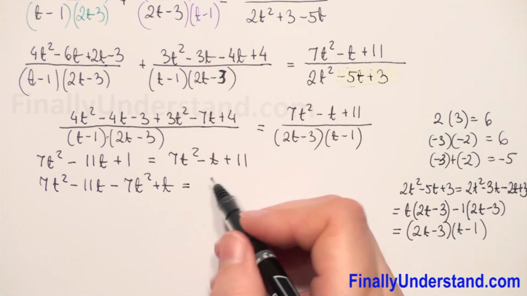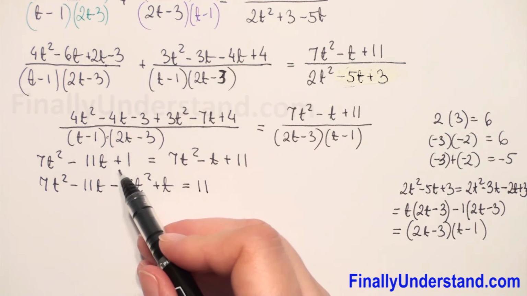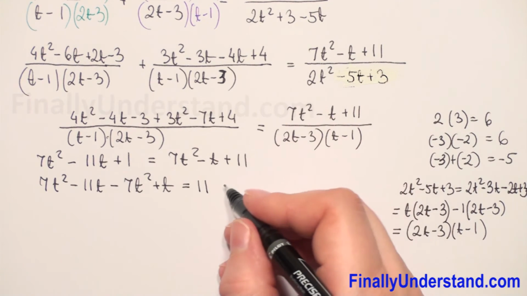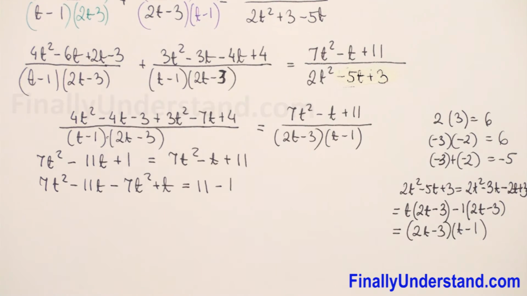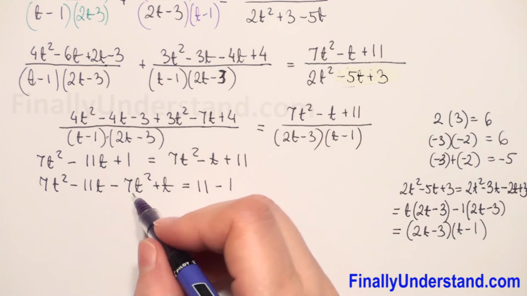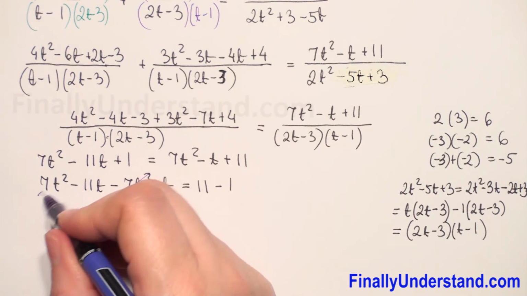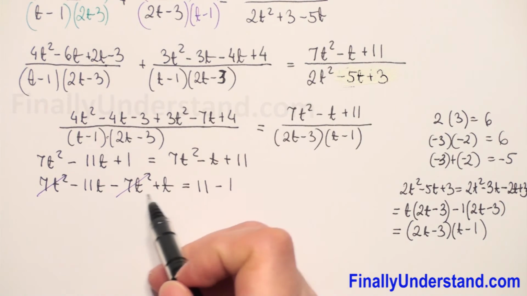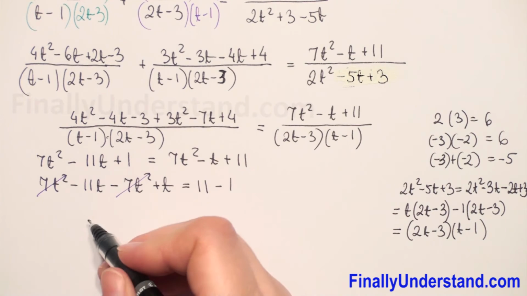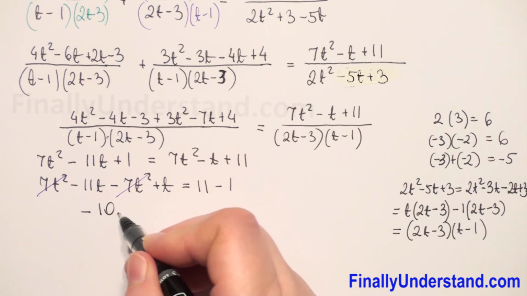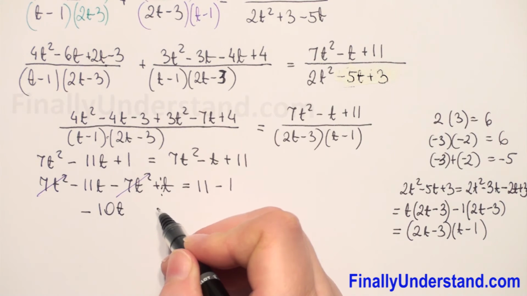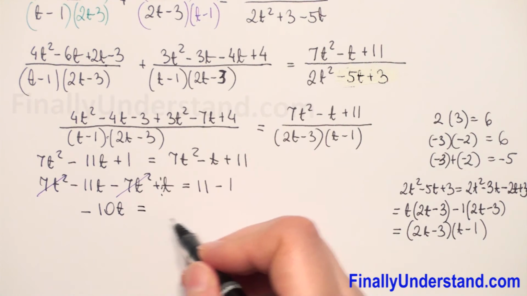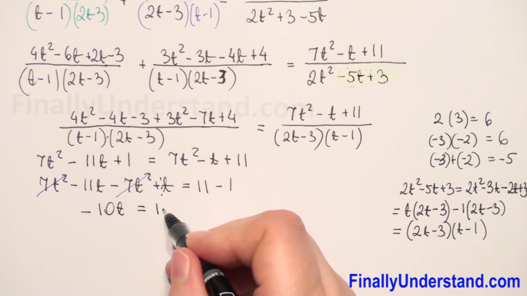And this is equal to, we have 11, we copy, and positive 1 to the right side, so it will be negative 1. Now we see that 7t squared and negative 7t squared we reduce, and we have negative 11t and plus t, so this is negative 10t, because here it is like 1t. So this is equal to, 11 minus 1 is 10.